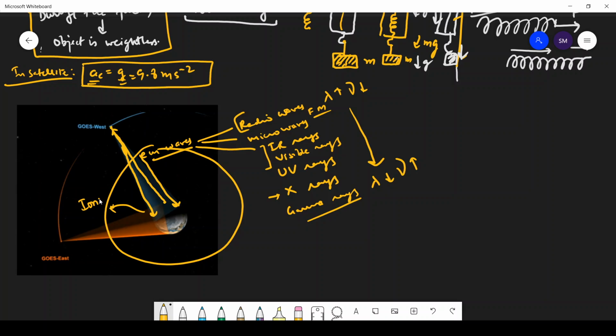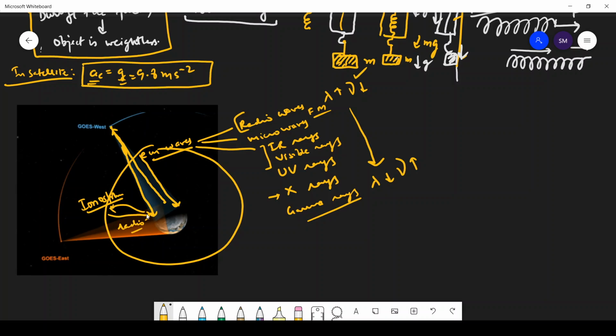We have different layers of the earth, as you have seen, and the ionosphere is a top layer sort of. Radio waves have low frequency, and low frequency waves are reflected by the ionosphere. We don't need to send them to a satellite. So radio waves are reflected from the ionosphere only, and come back to earth. Is this clear, students?